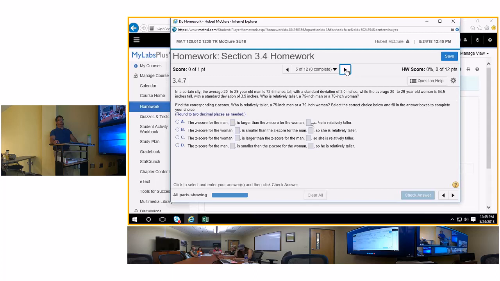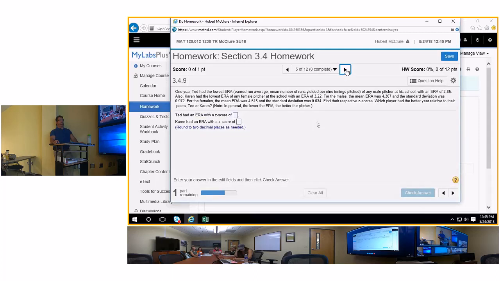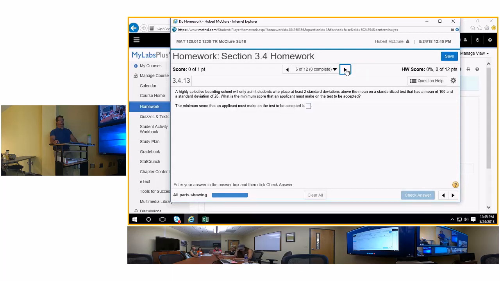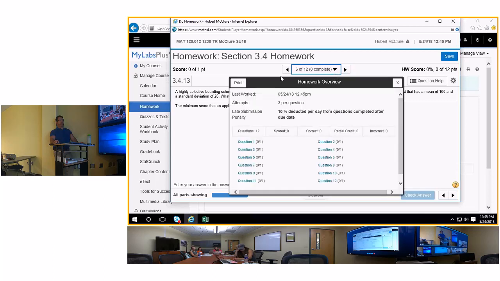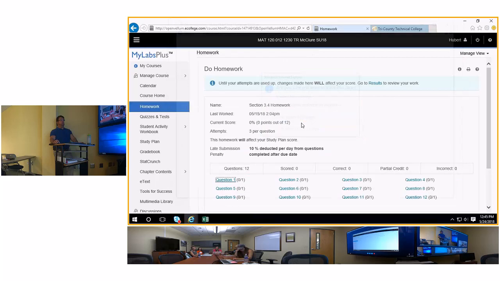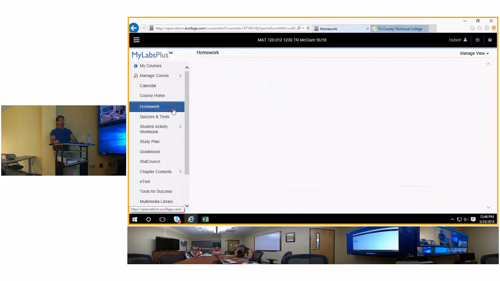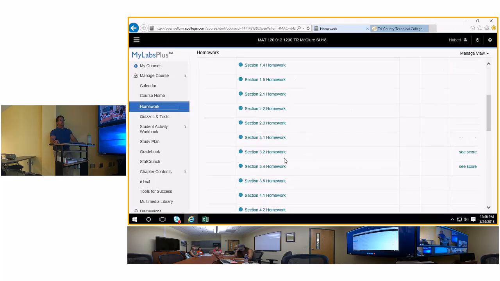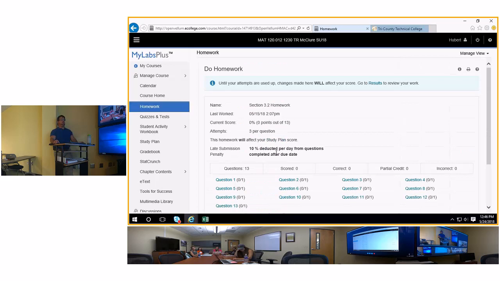Nope, that looks like empirical rule. Yep, that's empirical rule. We'll get back to that. Just give me a second. Okay. Let's see, get out of this. Homework. What I just picked, was that 3.4? 3.2. Should be 3.2 then.